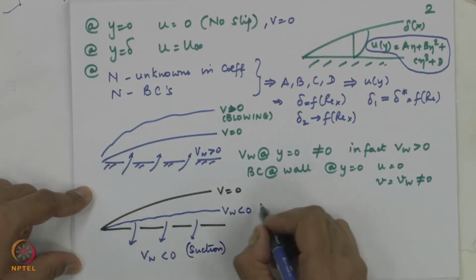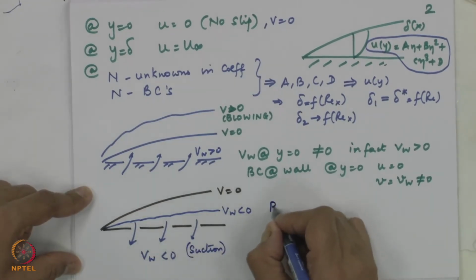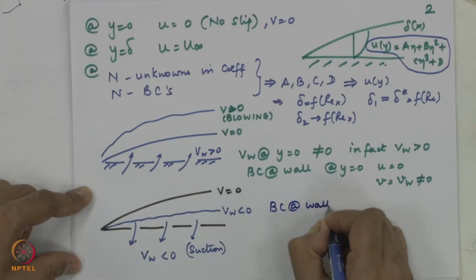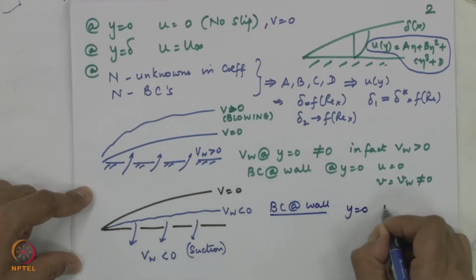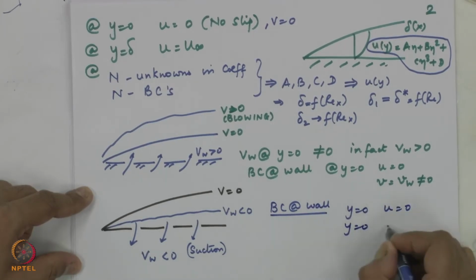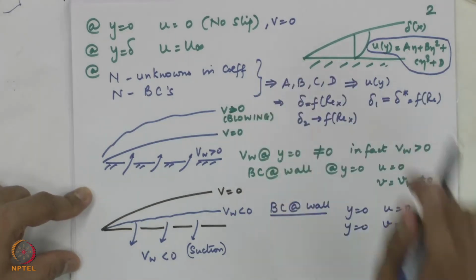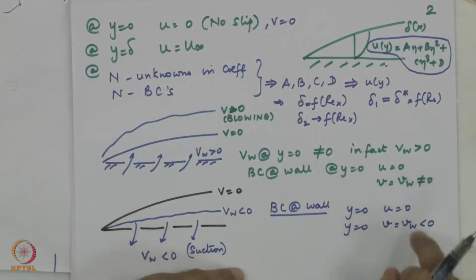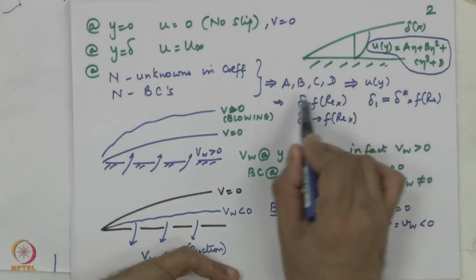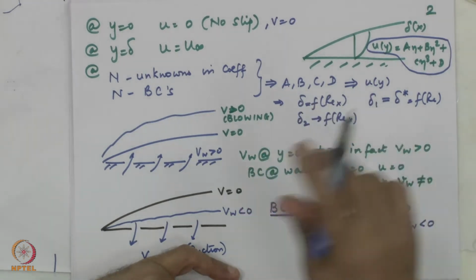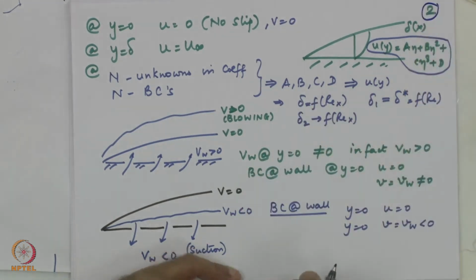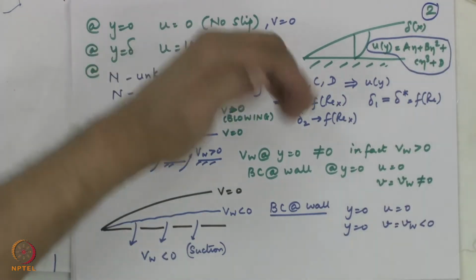So, when I have suction, I would get the boundary condition at the wall: y equal to 0, u equal to 0, y equal to 0, v equal to VW less than 0, unlike a solid wall where v equal to 0. Each of these boundary conditions would give me different coefficients because it has to satisfy the physical problem. Therefore, the accuracy of my solution depends on how accurately I specify these boundary conditions mathematically.